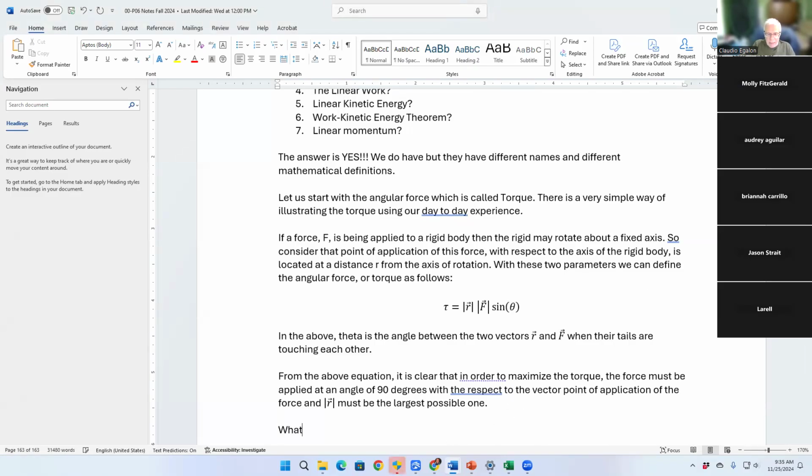Okay, what about the sign of the torque? A torque can be either positive or negative.